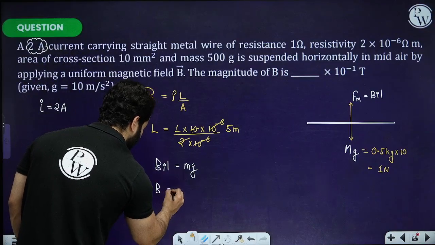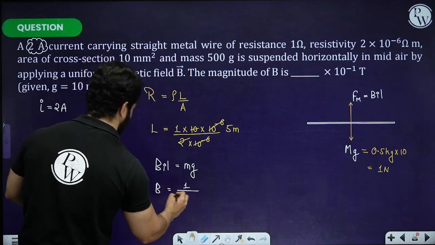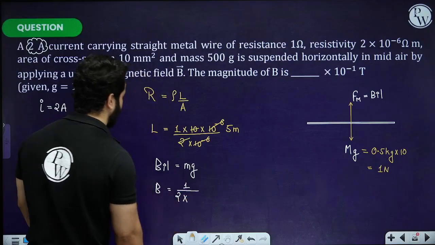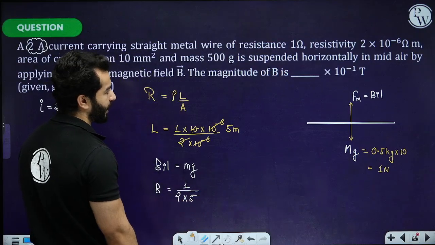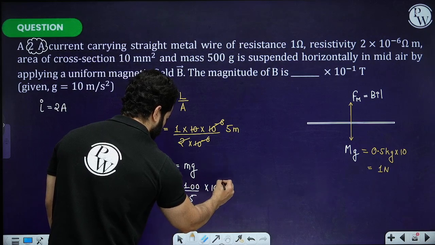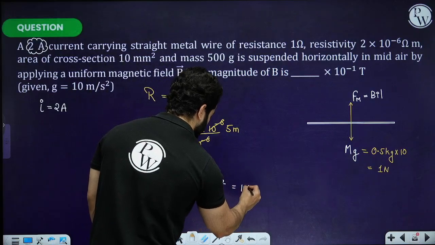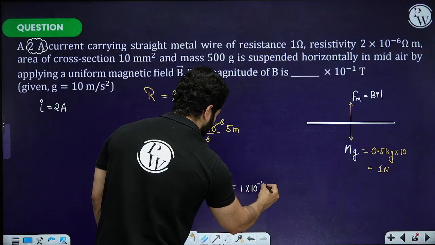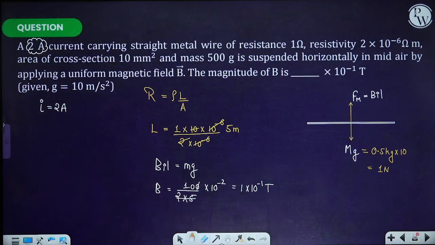Magnetic field will be mg, that is 1, divided by current, that is 2, multiplied by length, that is 5, right? So I can multiply by 100 and write 10 to the power minus 2. So this will be 1 into 10 to the power minus 1 Tesla. Have a look at it. Let's check everything is clear or not.